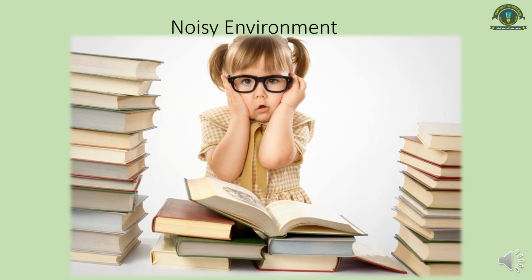So we need to be sitting at the most silent spot somewhere. This is alliteration, silent spot somewhere. You need to be sitting at a certain place, and then you need to concentrate, because that is the best way you can concentrate on a book.